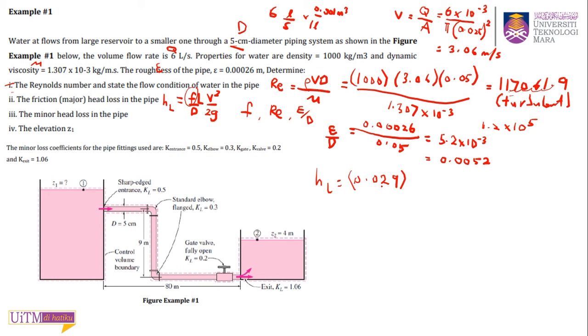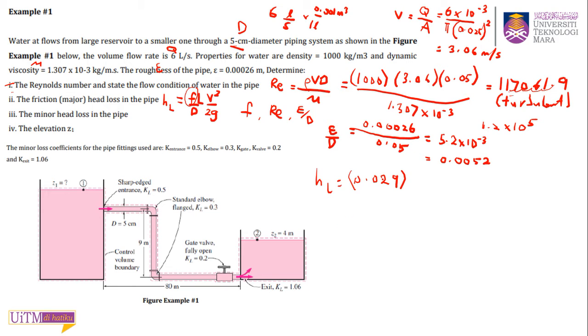Don't worry if you do this question and your friend gets 0.028, 0.027, or 0.031. Don't worry about those differences. The important thing is how you get that value. You need to show from your Moody chart where you draw the line, where your intersection is, and you draw to the left to find your F. So your answer might differ from one person to another. Maybe your friend gets 0.028 or you get 0.029.